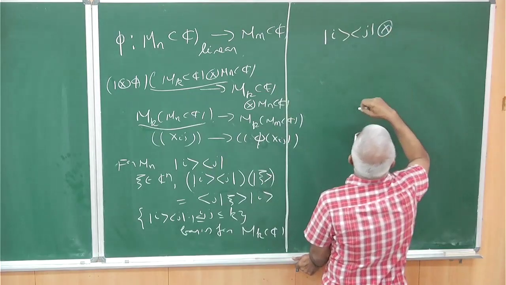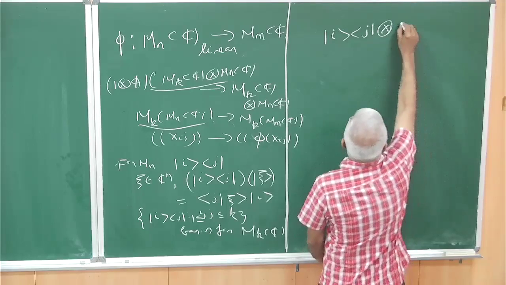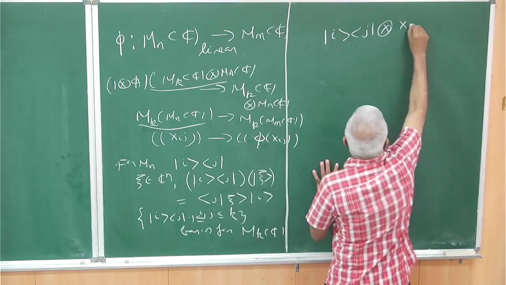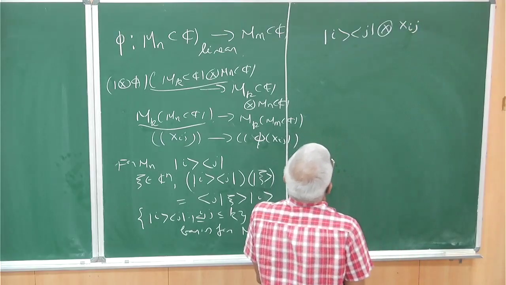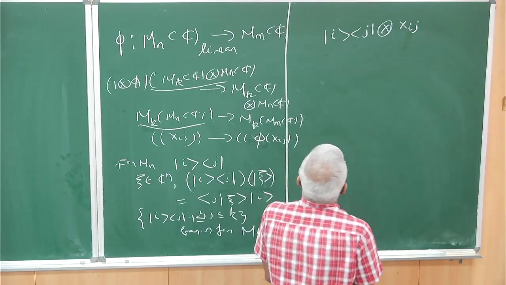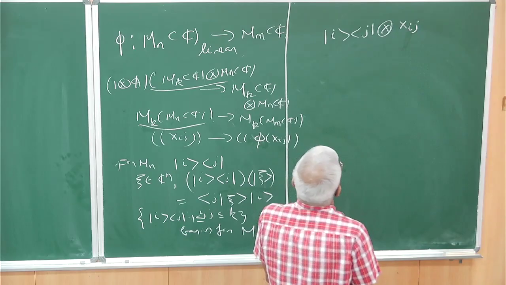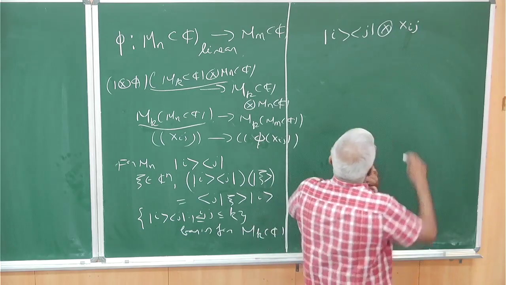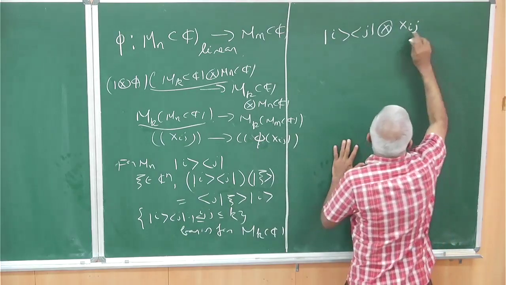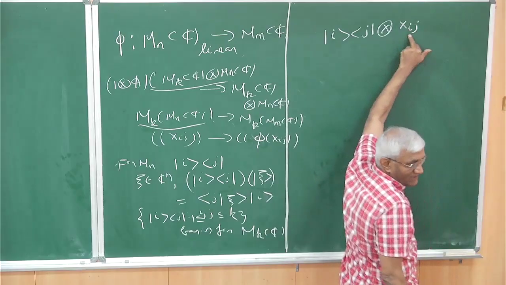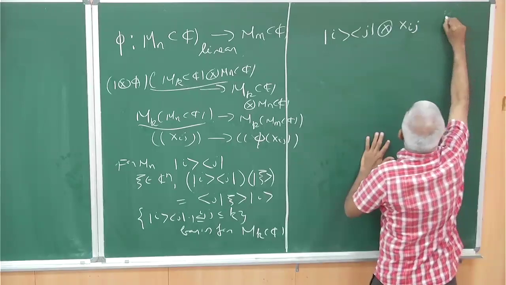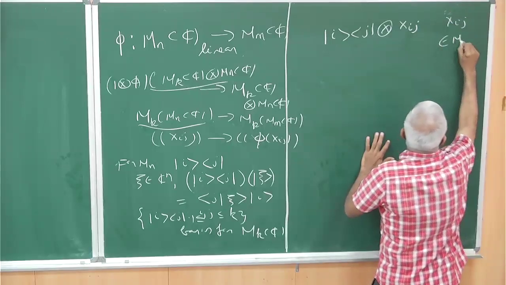X_ij, when I write it like here, may look like a scalar, but it is a matrix entry. X_ij is a matrix, a matrix in M_n(C).